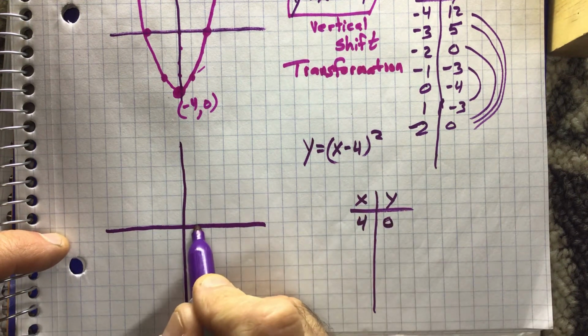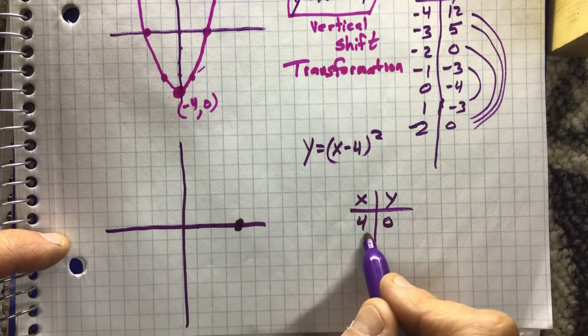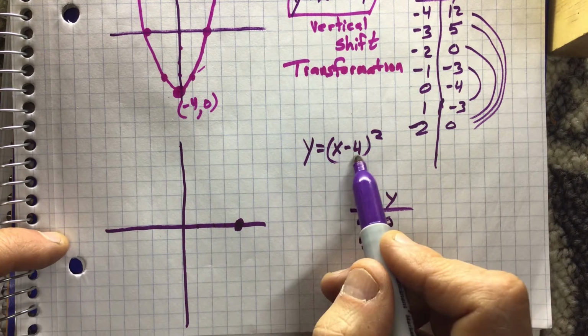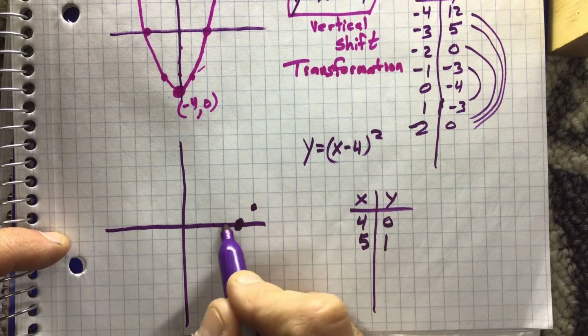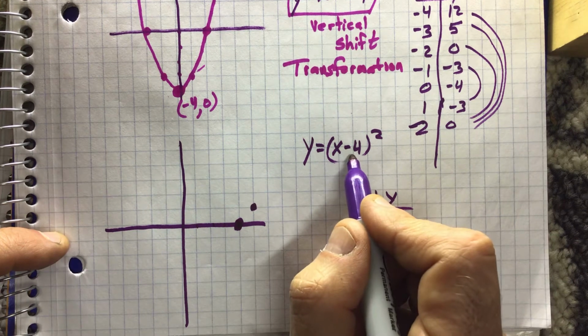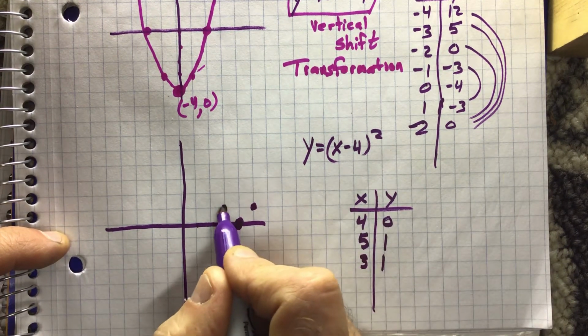So I have this point 4, 0. If I plug in 5, 5 minus 4 is 1, 1 squared is 1. So I get 5, 1. If I plug in 3, 3 minus 4 is negative 1 squared is 1. So I get 3, 1.